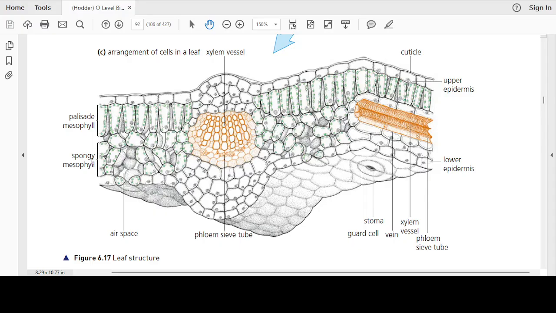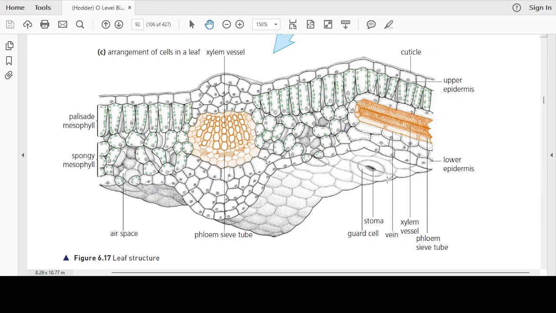These are called the spongy mesophyll cells. They're spaced out, there's space between them, and those are obviously air spaces, so they have their function. Then you've got this layer of cells at the bottom, and that is the lower epidermis.